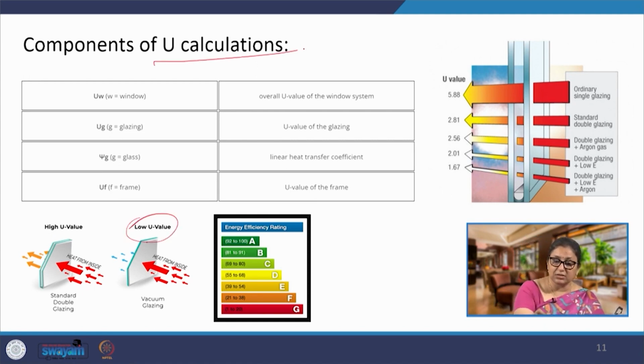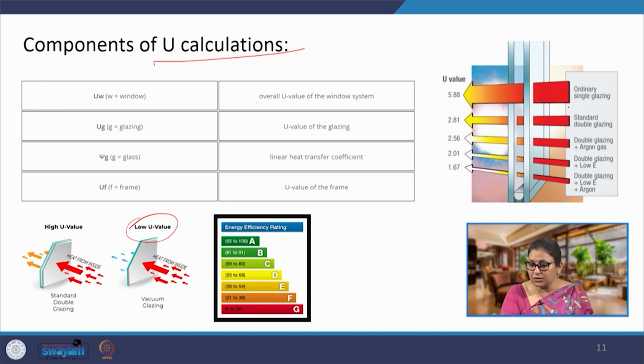So, what is a U value? It is the overall transmittance of heat from one side to the other side, and it will vary with different materials. So, for example, in fenestration we have the overall U value of the window, which is dependent upon the glass, whatever glass is going to be used, and the frame, that will give us the overall U value of the window system.